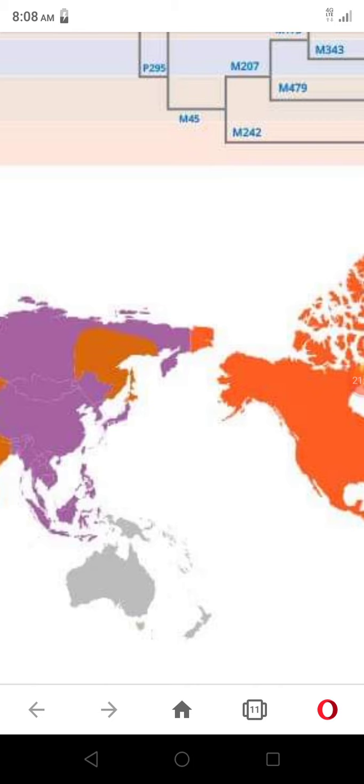So you have C1 to C2, and then it jumps into the C3s and 4, possibly in the Americas, and then back in Australia you have C5.